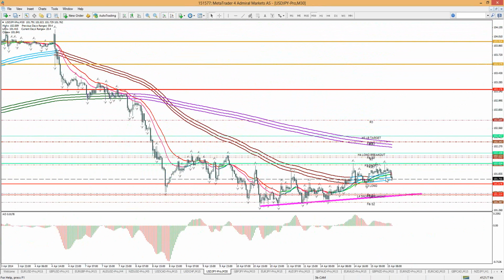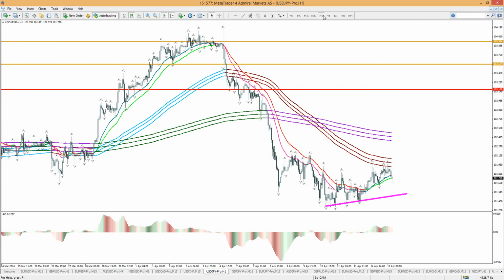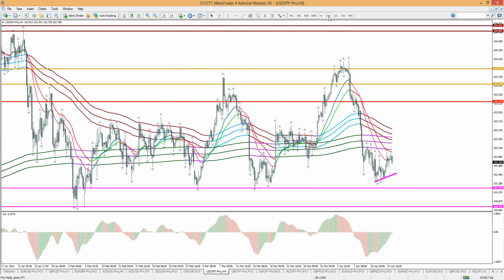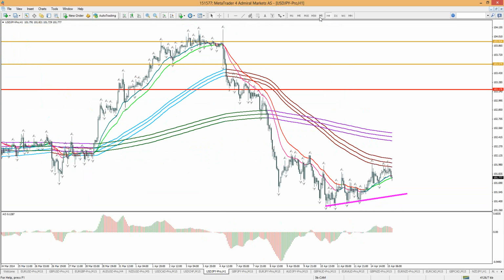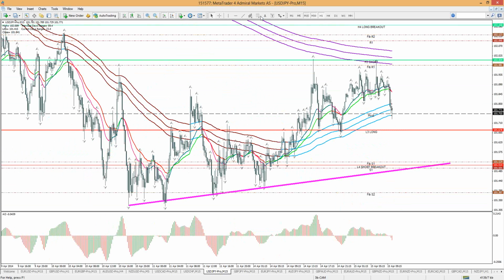Moving averages on the 30-minute are flat. Not on the hourly. 4 hour are flat. So that seems like a decent probability.